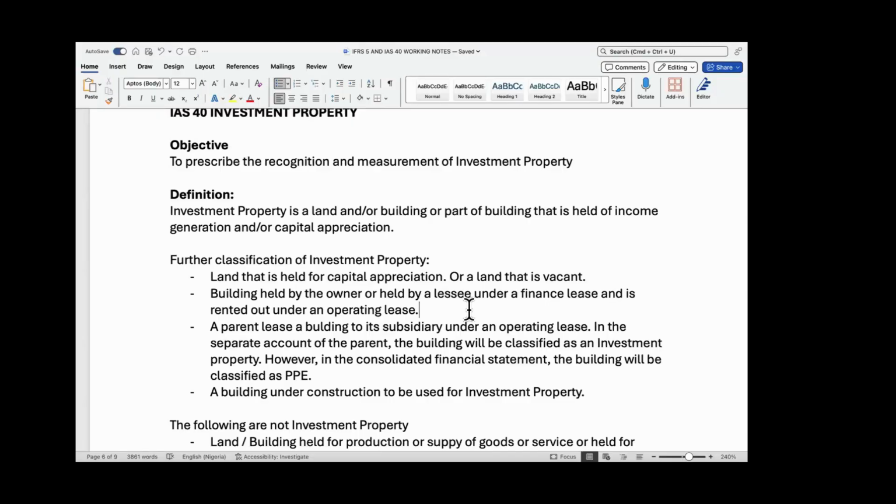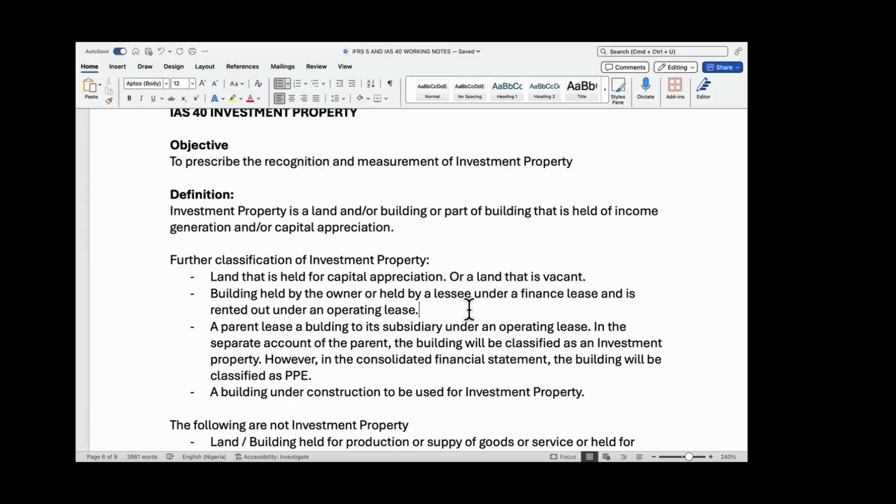It's invalid. It's against IFRS 10 because all intra-group transactions are cancelled out. So you cannot possibly then rent a building to a subsidiary. As far as we are concerned, that building will be seen as PPE. That building will be seen as it is being used for production of service or provision of service within the group. It can't be an investment property.